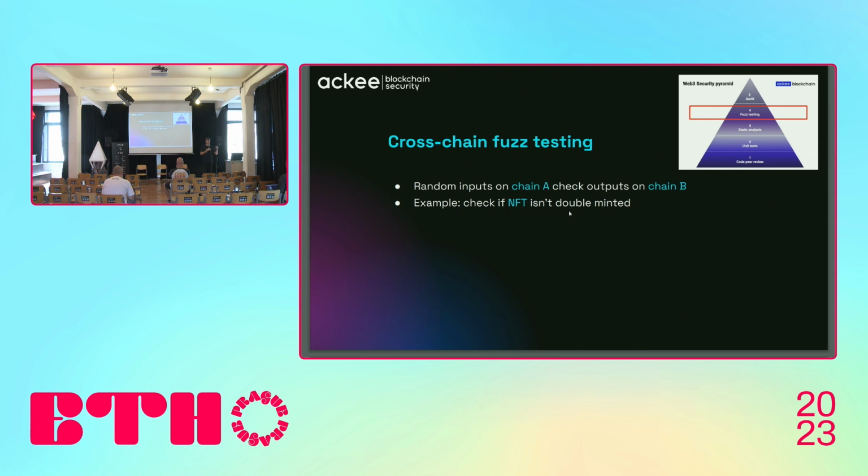If you are more interested in this topic, there was today a talk by my colleagues called State of Python Testing Frameworks. But just in general, cross-chain fuzz testing is good, for example, when you are minting an NFT, so you can be sure that it's not minted on 2 chains. So basically on chain A, it's doing some inputs, and it checks the outputs on chain B.